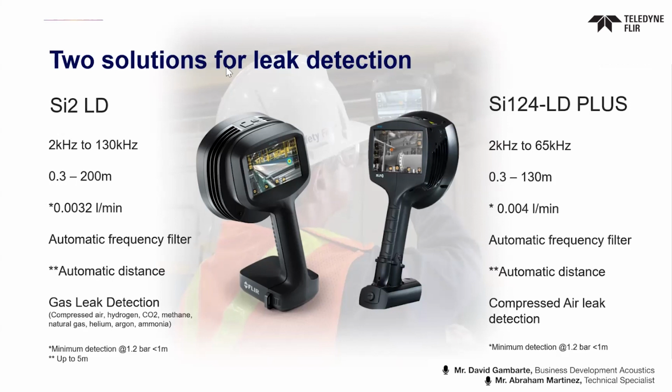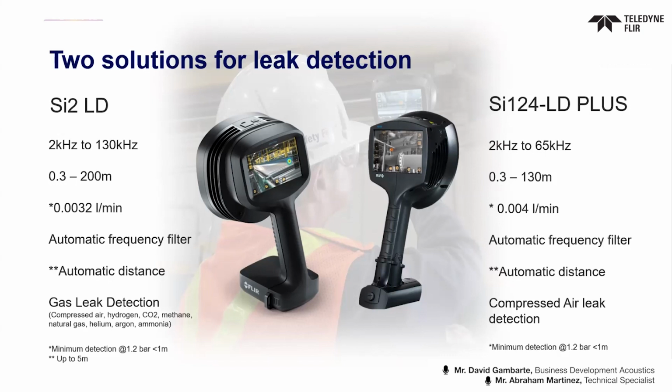But the SI-2 has, as an improvement, some named gases for which we give calculations on screen. It means that when you are finding, for example, a hydrogen or CO2 leak, you will have on screen the estimated leak size and the leak cost, which for the SI-124 we only have for compressed air leaks. I saw that there was a question about other gases; we can go through it later.